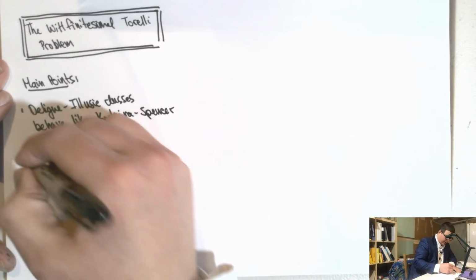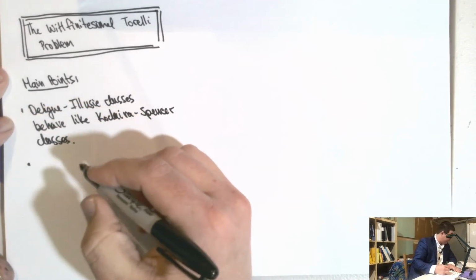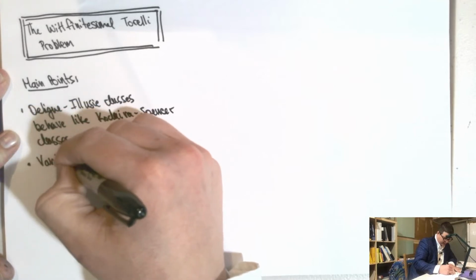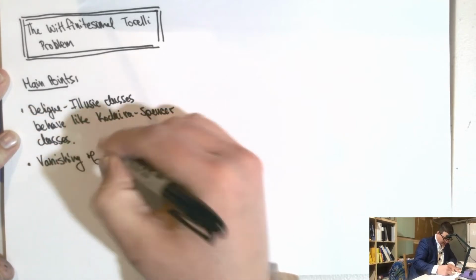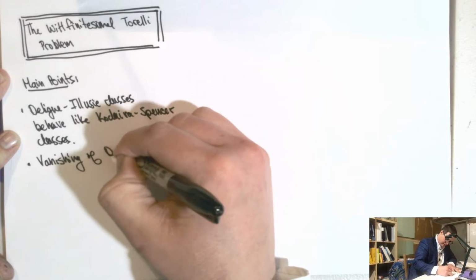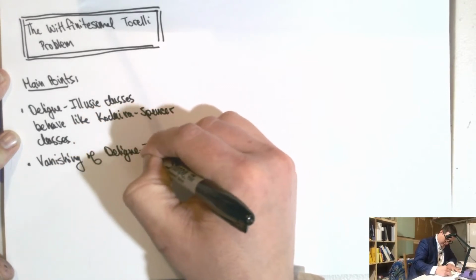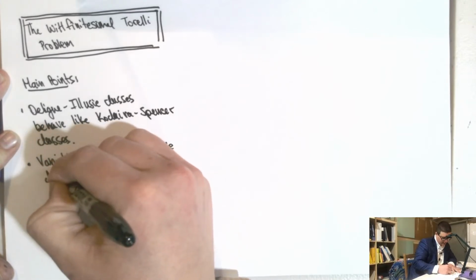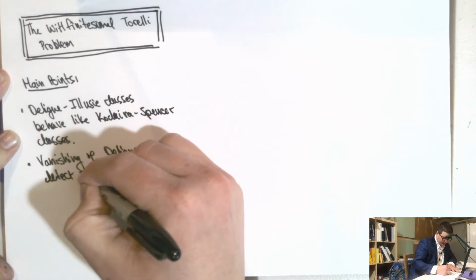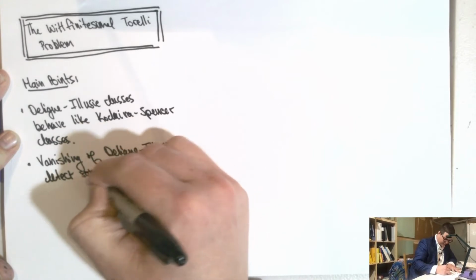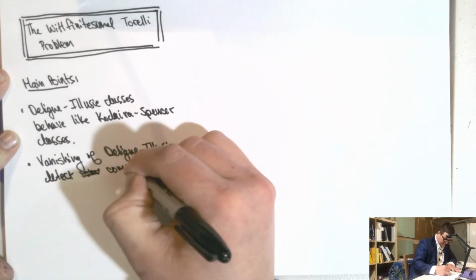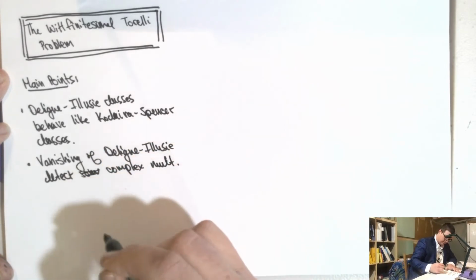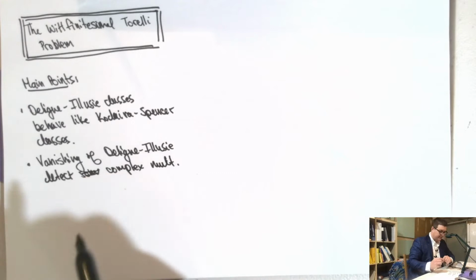And the other thing that I want to say is that the vanishing of Deligne-Illusie classes detects complex multiplication.